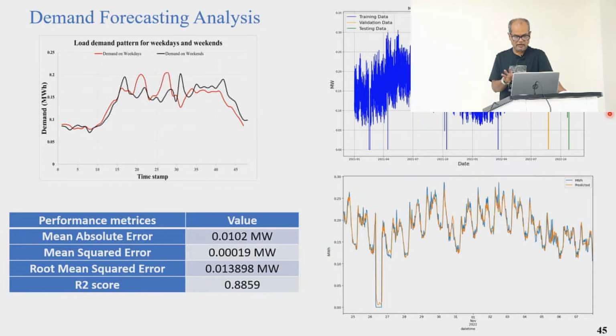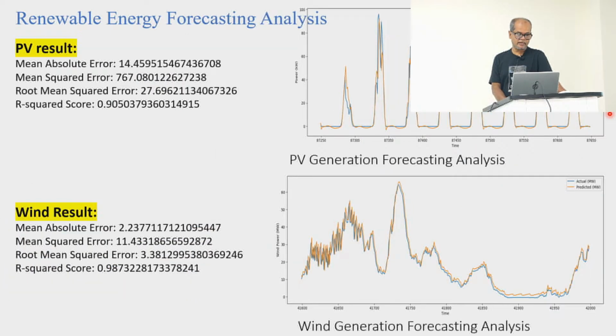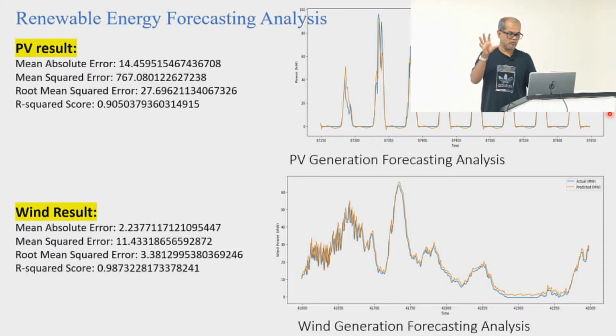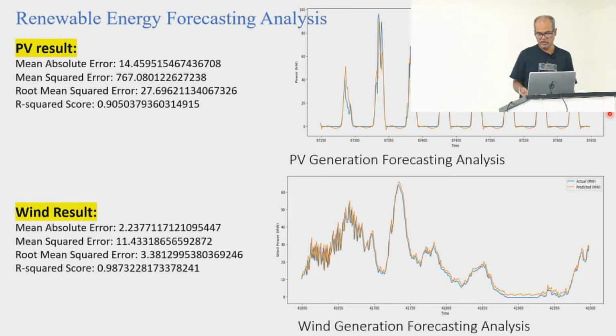And then again we did forecasts, as I said, for 5 minutes, 15 minutes, and 30 minutes. But here I am not showing all the results. We did it for PV, wind, solar, and so on. And we have an almost real time system, so it will show you exactly what you can get for 5 minutes.